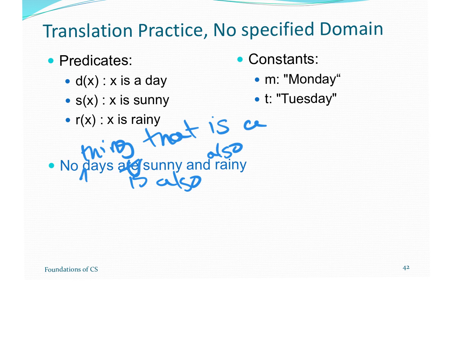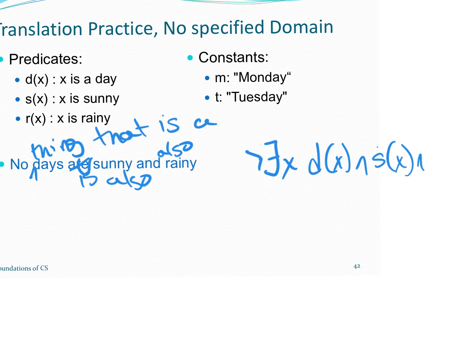So if I want to do that, then I'm just going to use my there does not exist a thing X. And now we're just going to use ands, right? There's no thing that is a day and also sunny and also rainy. Remember the parentheses are going around this whole thing. There does not exist an X such that this thing.